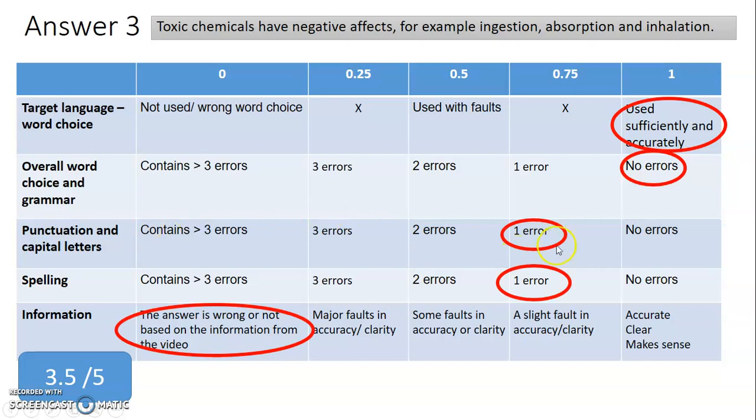However, as I said, punctuation, spelling, and also if you look back at the notes, the answer is wrong based on the notes. It's not matching the notes, the information from the video. That's why it's given 0. So 3.5, the same, 3.5.